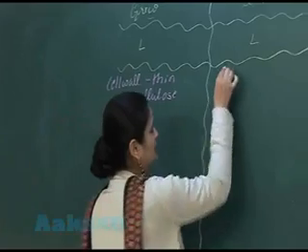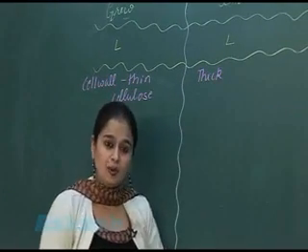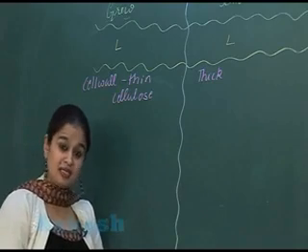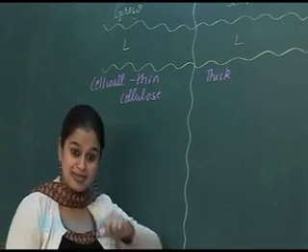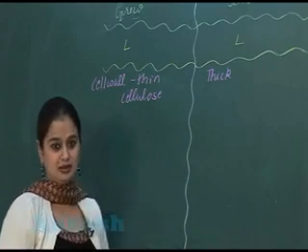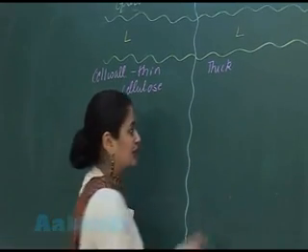Collenchyma, cell wall is thick, and the thickenings which are present are of hemicellulose, cellulose, and pectin. Yes, remember these three components which are the part of the thickening.